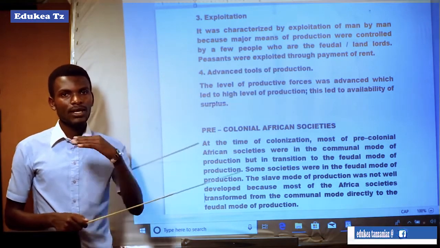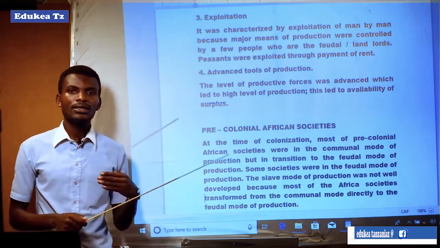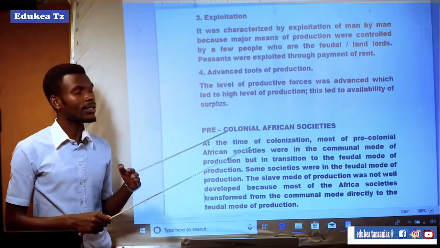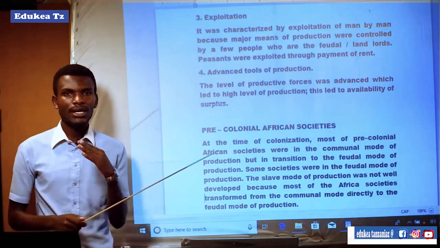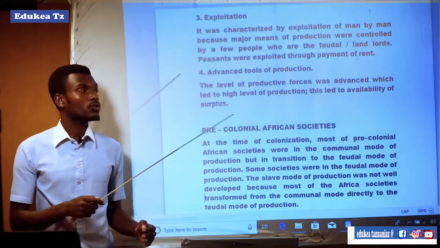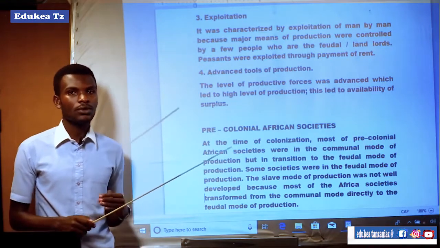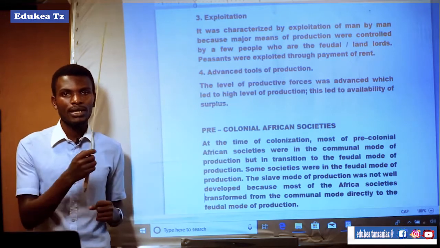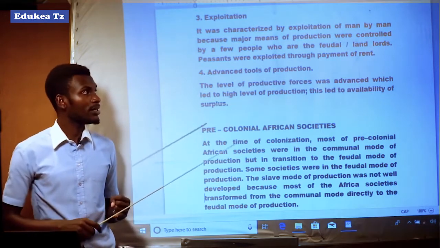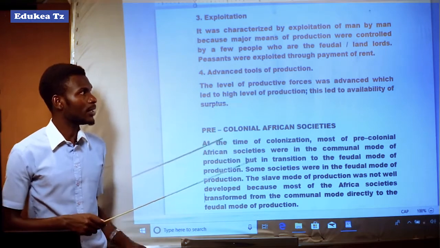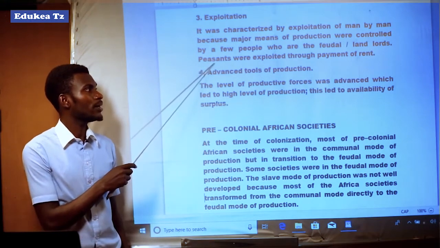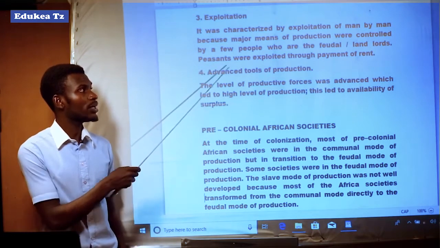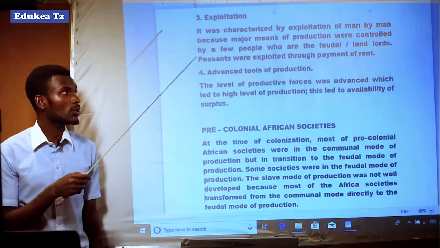The feudal lords owned the land, and that land was worked by the peasants, who were supposed to pay rent to their landlords in three types: rent in money, rent in kind, and rent in labor. So there was exploitation of peasants through payments to their feudal lords or landlords.